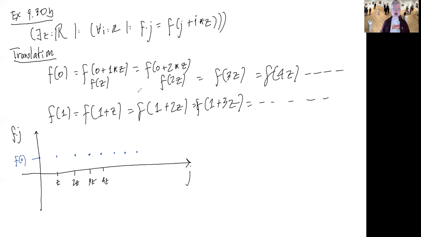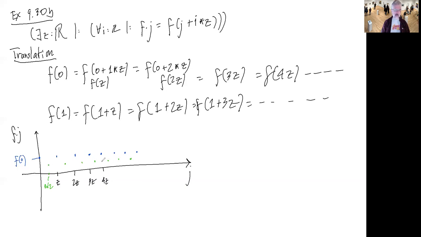And we could then look at f of half of z. So we could say, well, what's f of half of z? So if this is z over 2, and I'm going to just pick a value. Who knows what it really is, but let's say f of half of z is down here. What that tells us is that f is going to be down here halfway between all the z's. So it'll be at z plus half z, 2z plus half z, 3z plus half z.